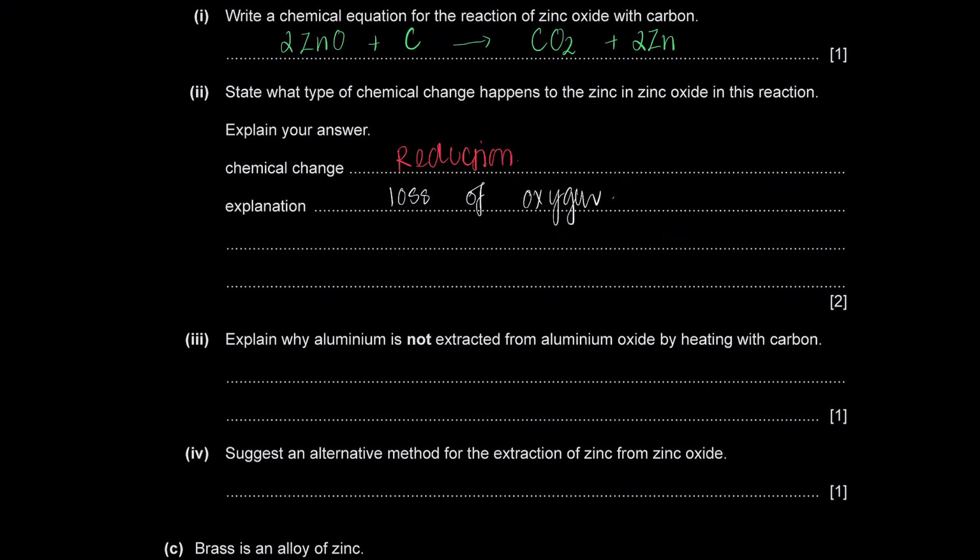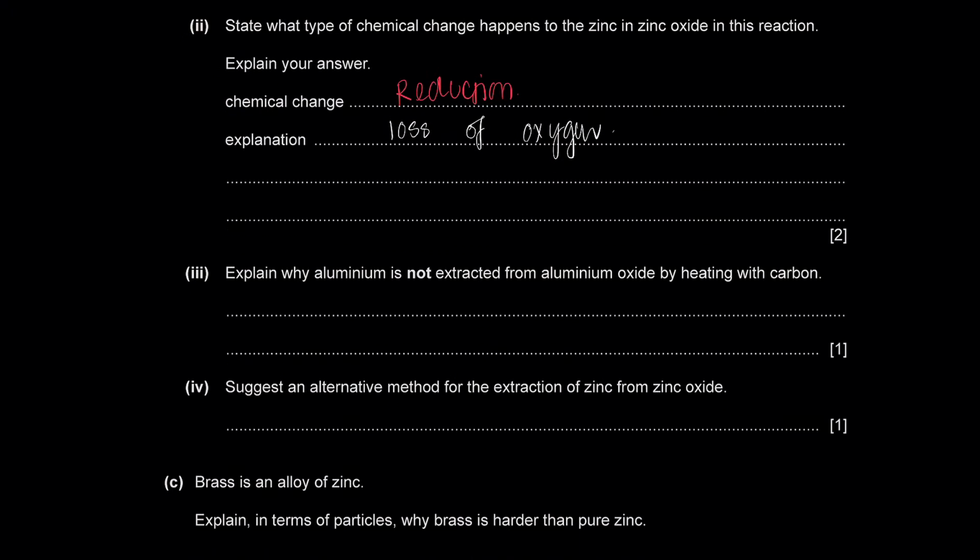Explain why aluminum is not extracted from aluminum oxide by heating with carbon. Why? Do we know why? Because aluminium is more reactive, higher in the reactivity series, than carbon.